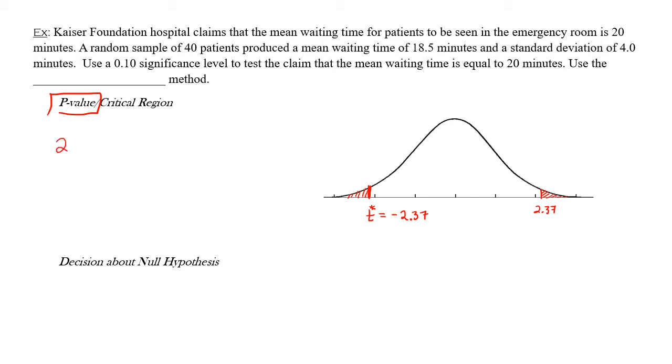So we're going to do 2 times the probability that t is less than negative 2.37. Because it's a t-score, I'm going to need to use tCDF on my calculator.